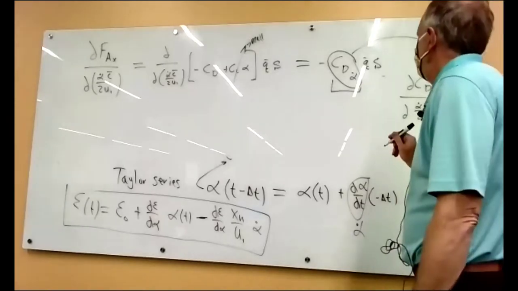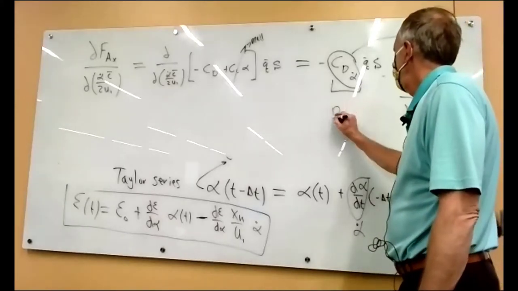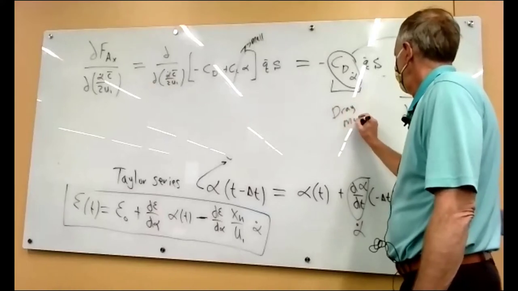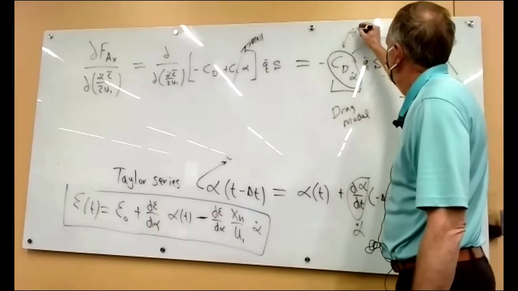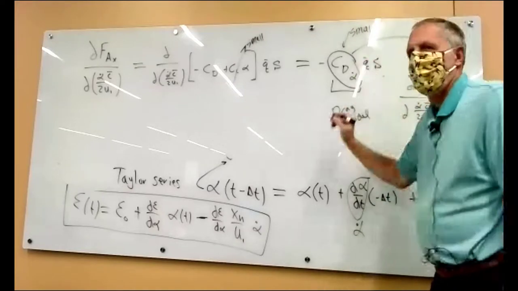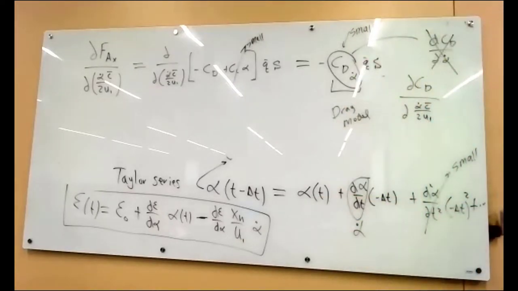There's not a whole lot more we can do this unless we have a really good drag model. And the textbook says that this tends to be small. So we can, for a preliminary design, kind of neglect this.